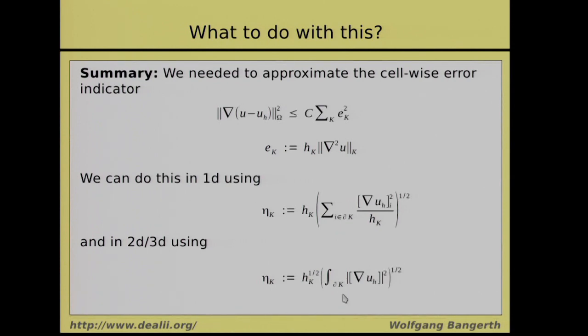And so here I had 1 over hk to the power of 1/2, so that cancels 1/2 of the power here. Here I get the same power of h. And then what I want to indicate here, so this is the jump of the gradient along the perimeter of a cell, and then I have to integrate over the entire perimeter, the boundary of the cell. Okay.